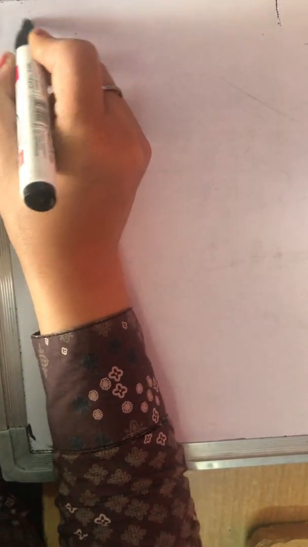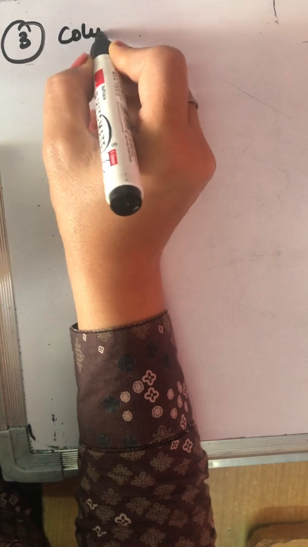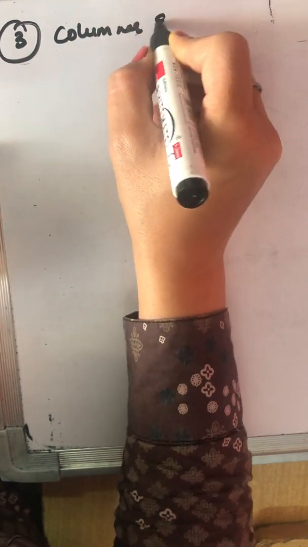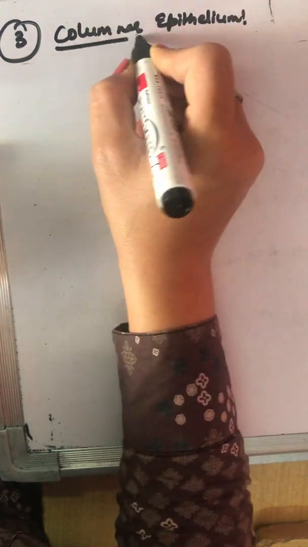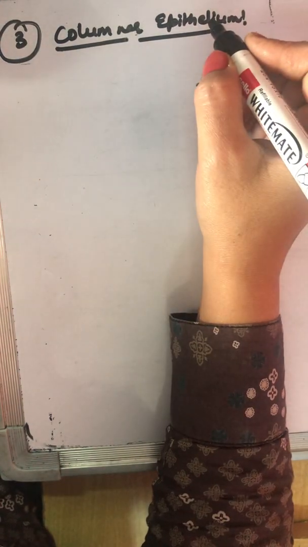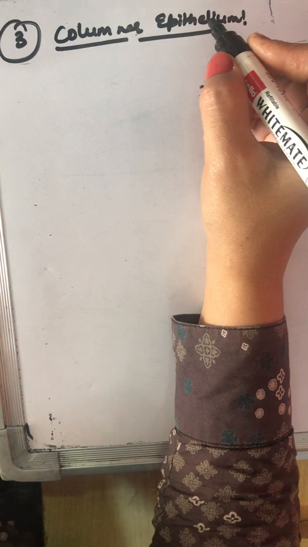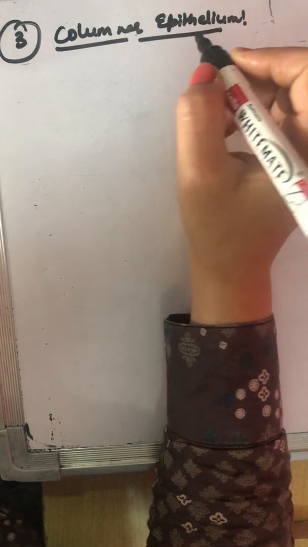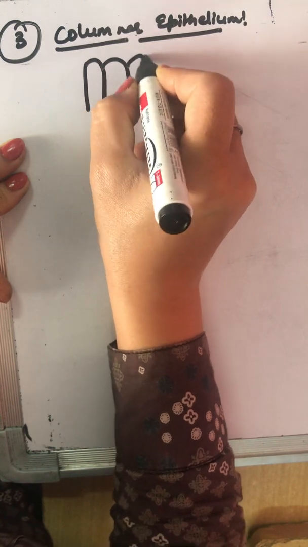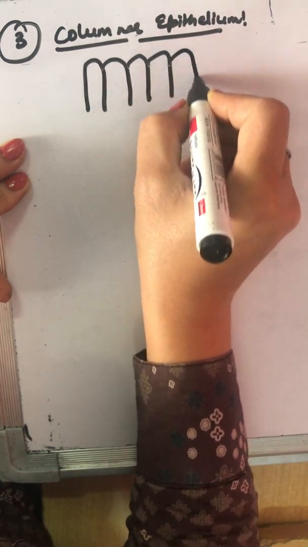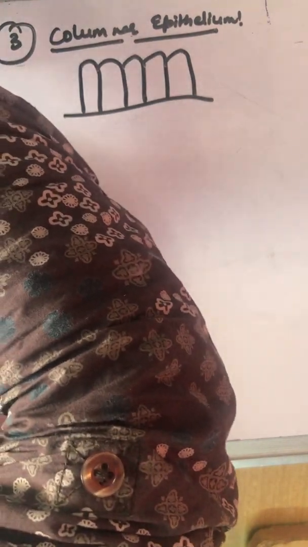Third one, columnar epithelium. Here, the structure is more or less, see, these column-like cells resting on again a basement membrane.